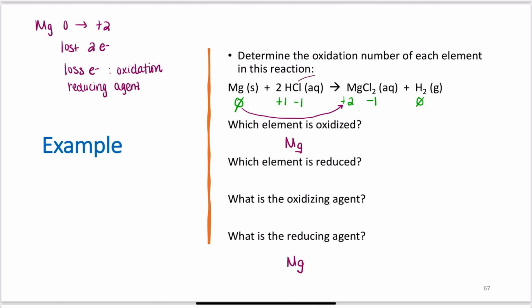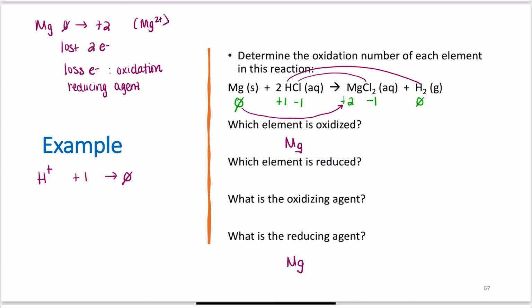If I look at the chloride, -1 to -1, nothing changed. I look at the hydrogen and I see the hydrogen went from +1 to 0. But notice that wasn't really hydrogen on the reactant side, that's really H+. Magnesium went from 0 to +2, specifically Mg2+.